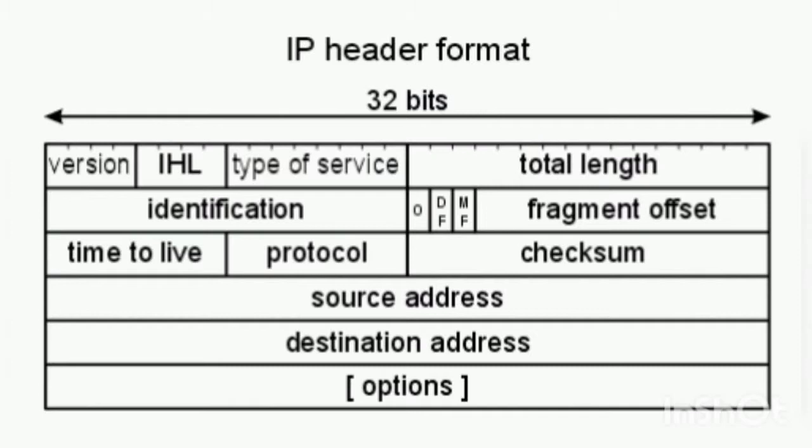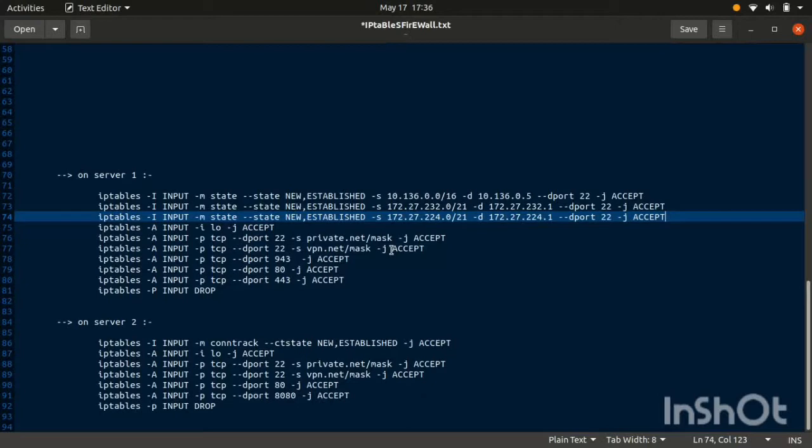In this header, we can identify and filter the traffic based on the source IP address and destination address as well. So this is the IP packet diagram and the segment diagram, for the sake of understanding before going deep into the concept. With this in mind, we are going to set up and configure a simple firewall rule that restricts the SSH traffic to the source subnet.